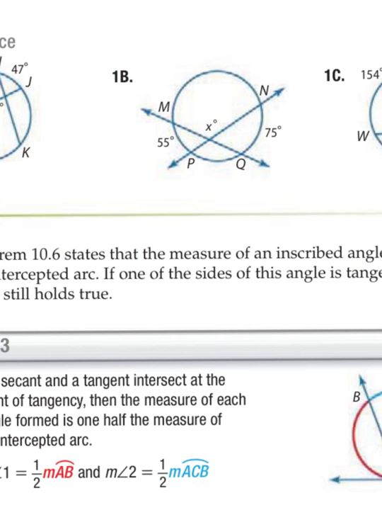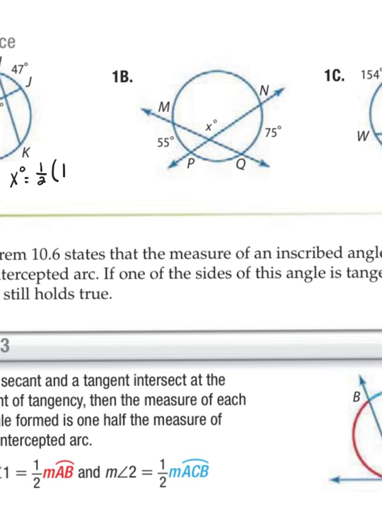As we look at an example of the last rule that we just talked about, the last theorem, look at the guided practice 1A that should be on your screen. If we're to find angle X, the missing angle inside, and you can tell G is not the center of the circle, then I can say that the measure of angle X, or X degrees, equals 1/2 the sum of its arc.